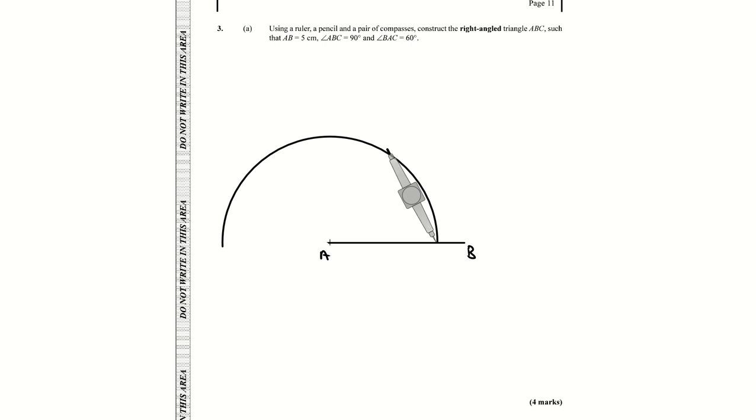So this angle here is 60 degrees. You're going to draw a line. So this is 60 degrees right here. It doesn't matter how long you draw the line, we will locate where C is. Let me draw that.